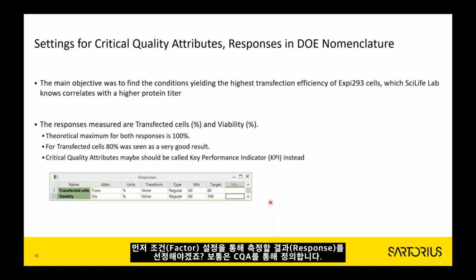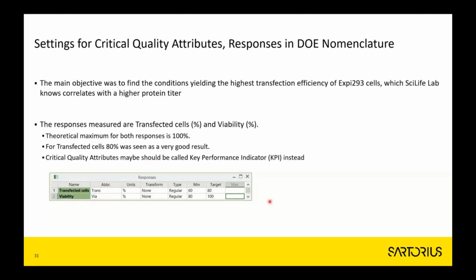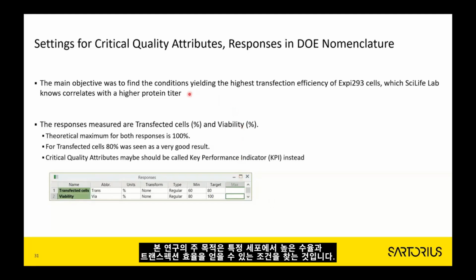So the first thing that you always have to define is the critical quality attributes, what you can measure, the responses. And the main objective here was to find conditions yielding the highest possible transfection efficiency of this cell type. And SciLife Lab has this knowledge that this would also correlate with a higher protein titer.